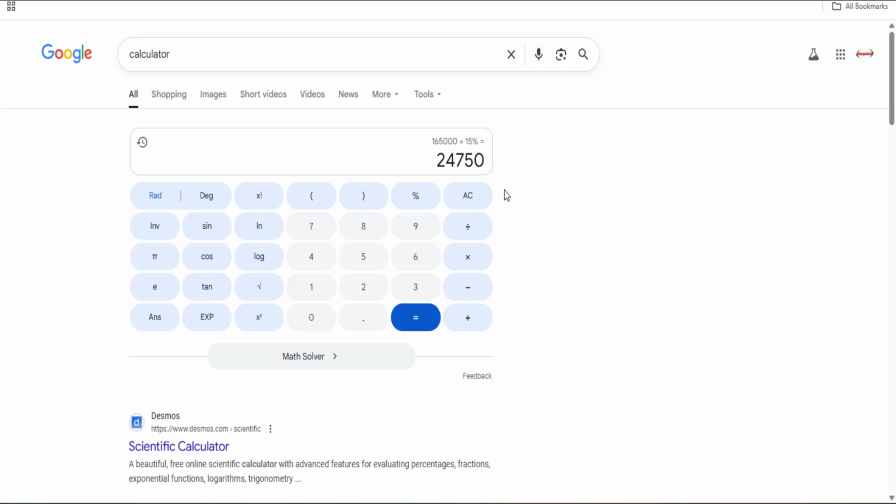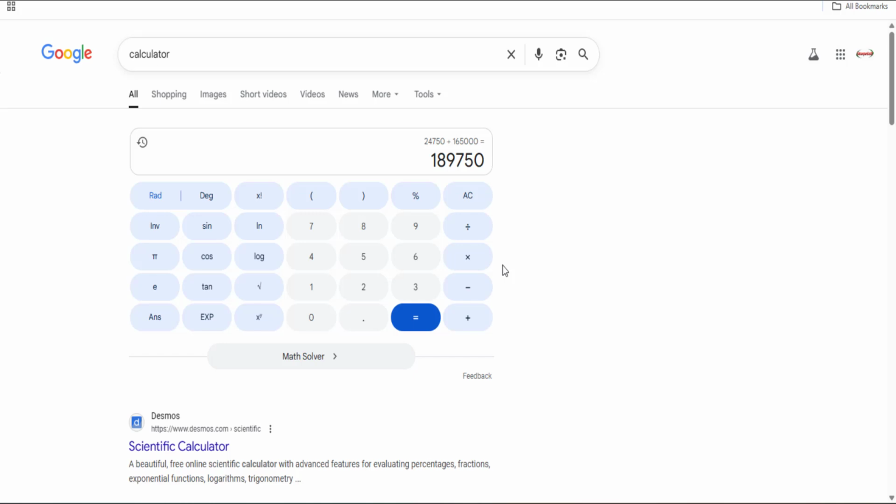This number is then added back to our 165,000 to get 189,750. So this is kind of an intermediate number for the moment.